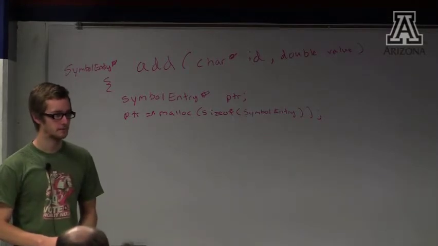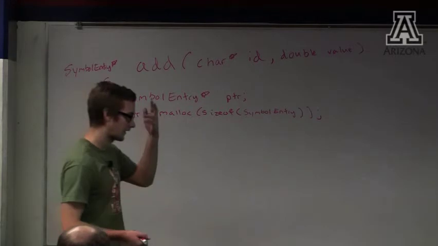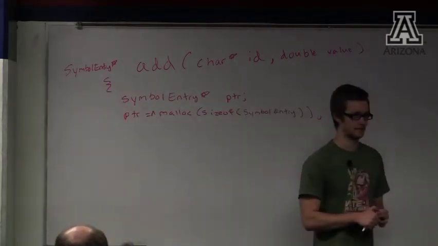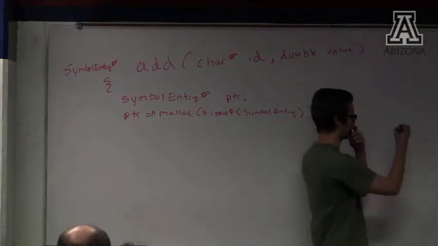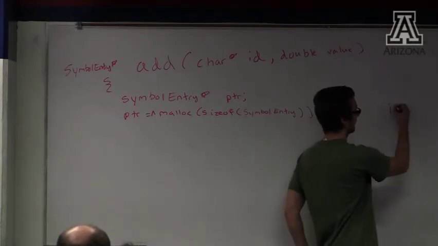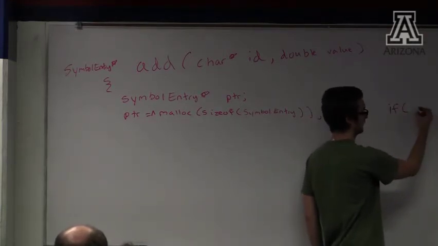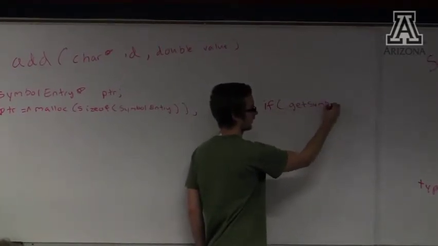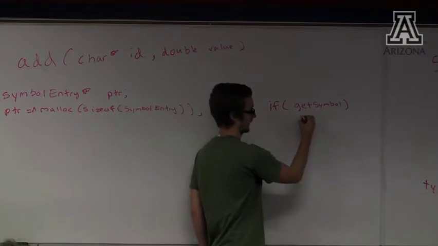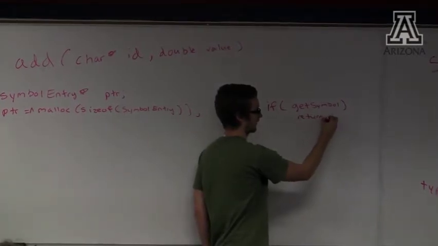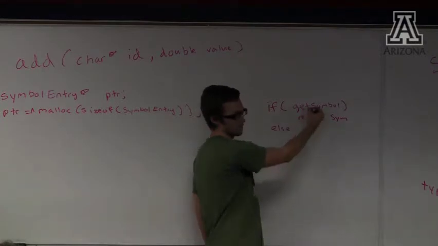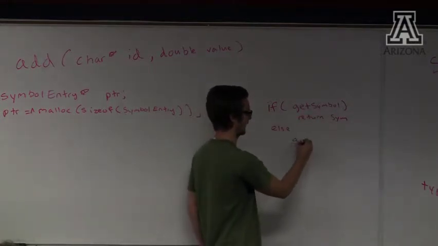The way that I've constructed the yak in my head is we say if get symbol finds it, then we return that symbol, and otherwise, if it was null and wasn't found, then we need to add the symbol.